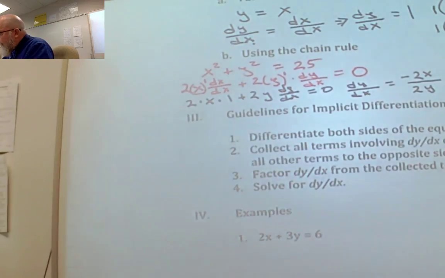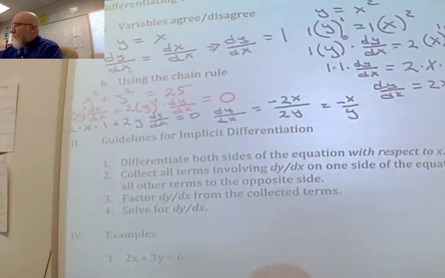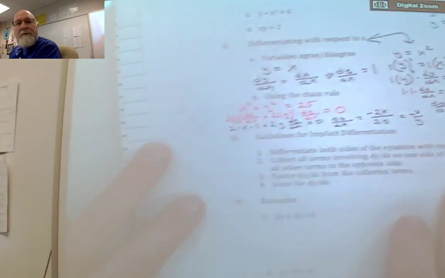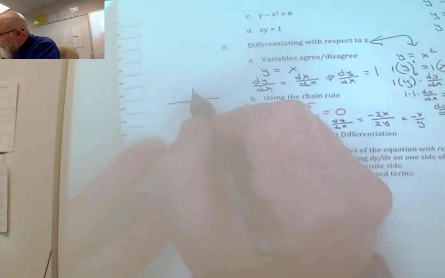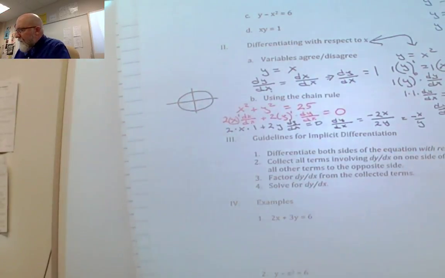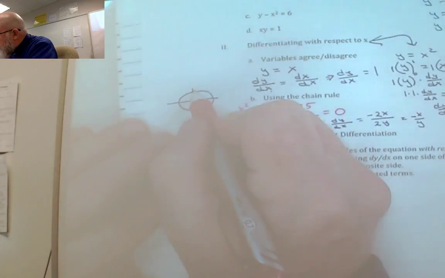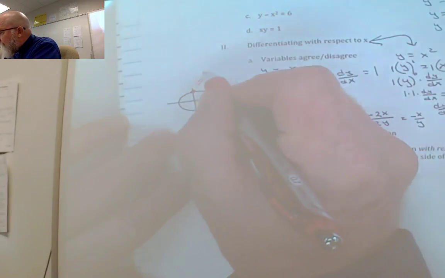So I'm going to draw this graph, and I'm going to do it right over here. I'm going to back up a little bit. And here's my graph. I'm going to pick this point right here. That point is 0, 5.